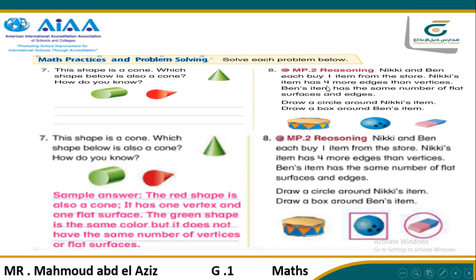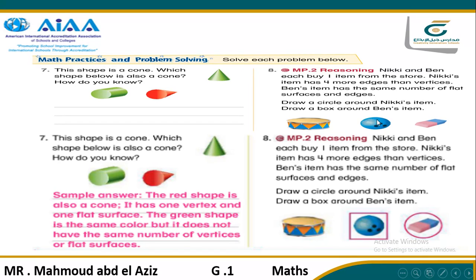So we have here 4 more edges. If you count edges here, or lines here, you will find it's 12. And how many vertices? It's 8. So we have here 4 more edges than vertices. So we will put a circle here on the rectangular prism.